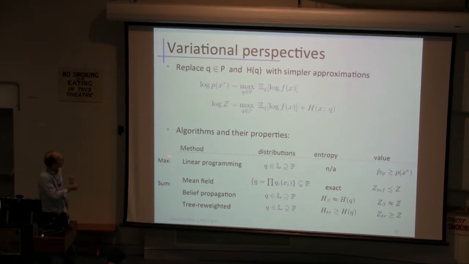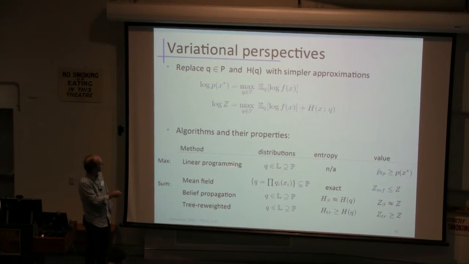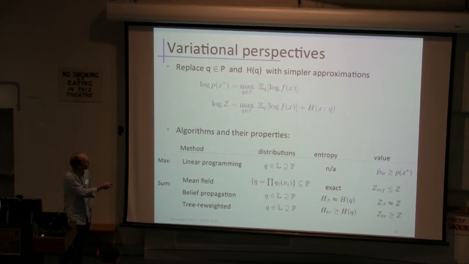And so we saw for maximization, pretty much everything corresponded to this linear programming decomposition view, where we had relaxed the set of all distributions to locally consistent marginals. And so we got an upper bound on the true objective.